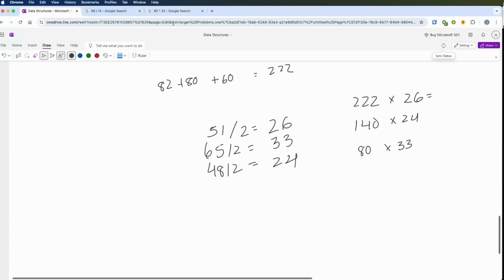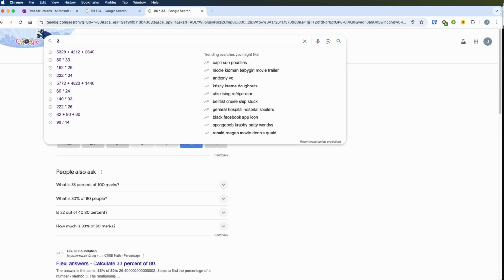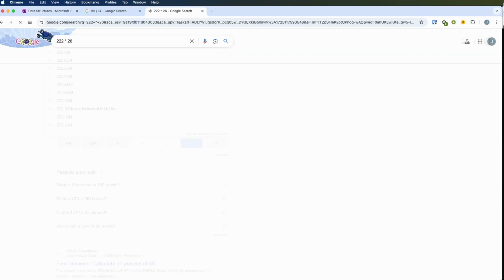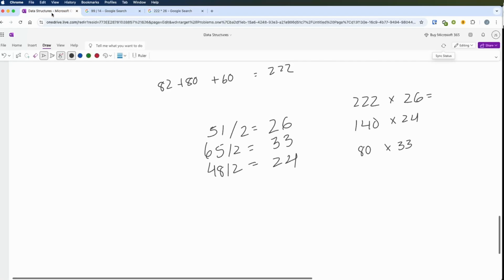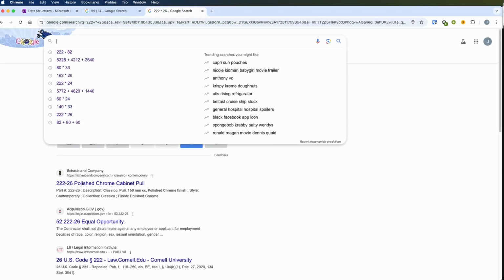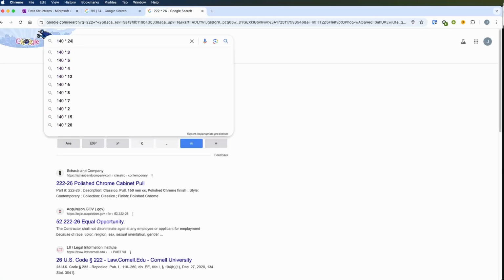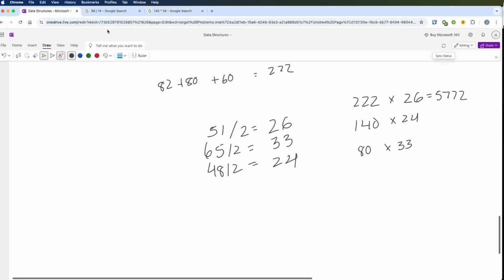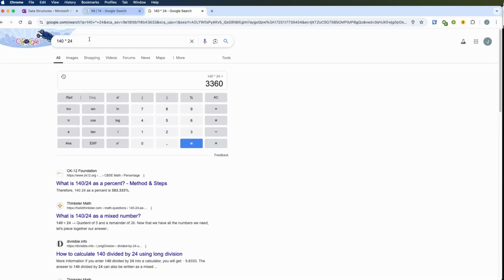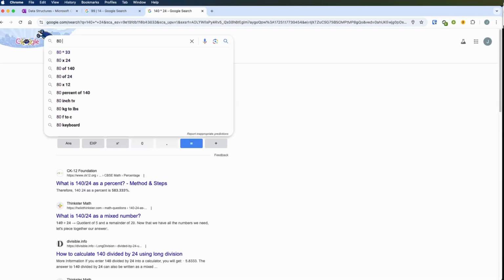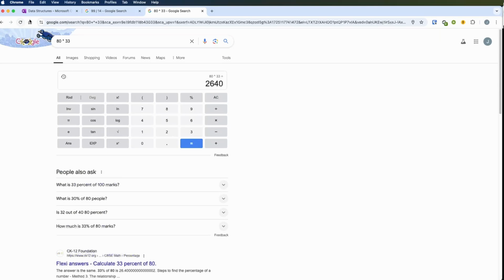So 222 times 26 equals 5772. 140 times 24. 80 times 33, 2640.